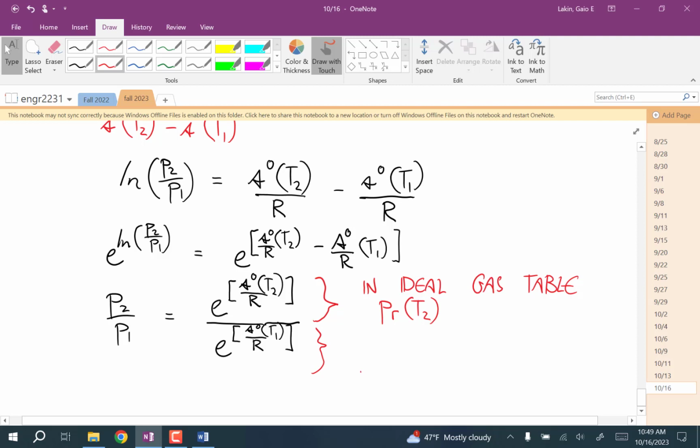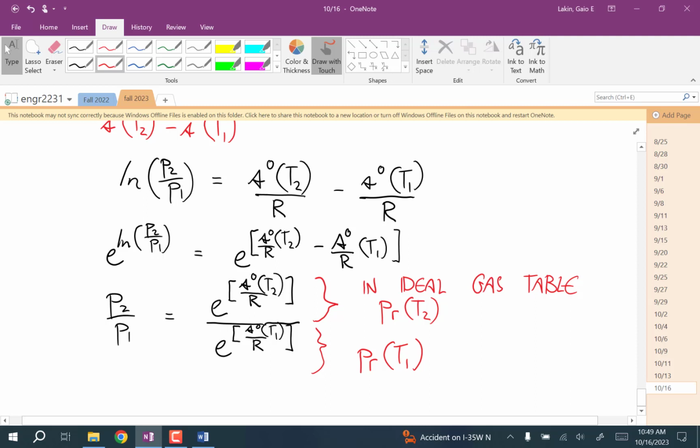The denominator is P sub R at temperature 1. And so by looking up these two values in the ideal gas table at those given temperatures, you can figure out the ratio of pressures.